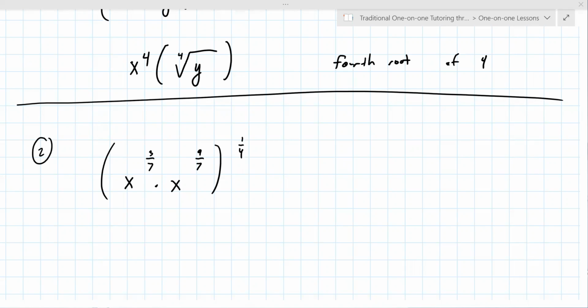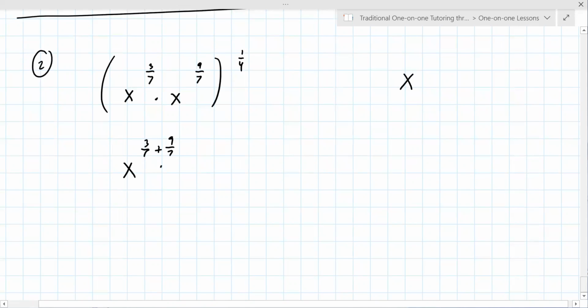Okay, I got x. The exponent is 3/4. Okay, let me work it out here. Sometimes when I ask you to do that, I know it's not the best because it's hard to follow. So it's x to the 12/7, but then it's to the 1/4 power, right?